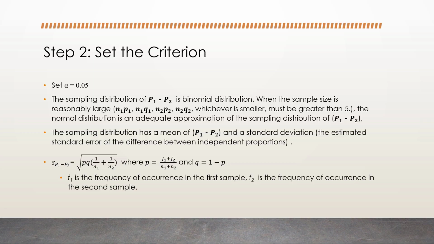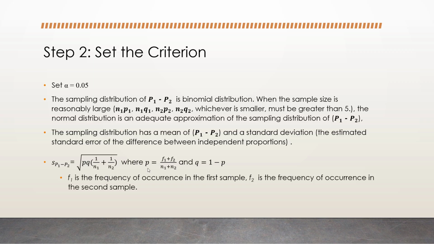The sampling distribution of P1 minus P2 follows a binomial distribution. When the sample size is large enough, we can approximate it using a normal distribution. The mean of this sampling distribution is P1 minus P2, and the standard error of the difference between independent proportions is calculated as the square root of P times Q times the sum of the inverses of the two sample sizes, N1 and N2.